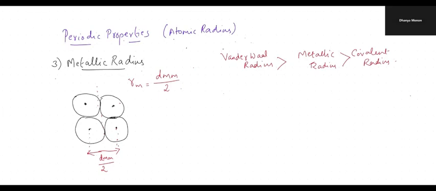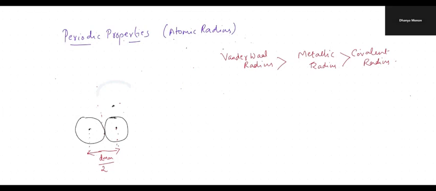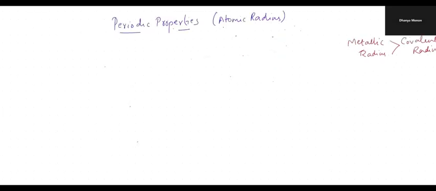These were the three types of radius we discussed till now: covalent, van der Waals, and metallic radius. Now we will learn a bit about variation along the period and group, then we will discuss some exceptions, and then we will come to ionic radius. Coming to variation of atomic radius along a period and along a group, which is very important.